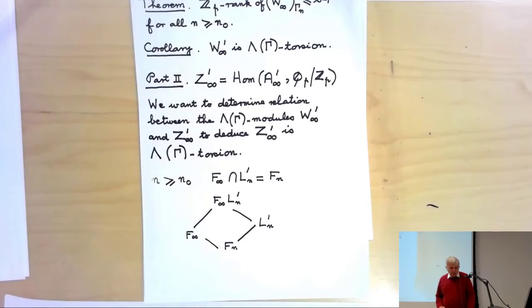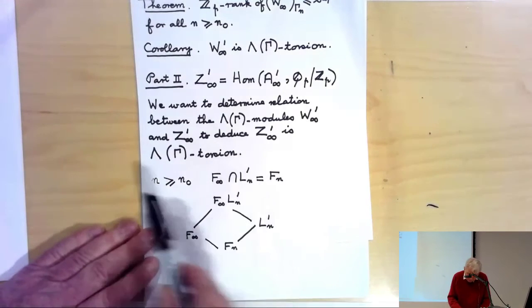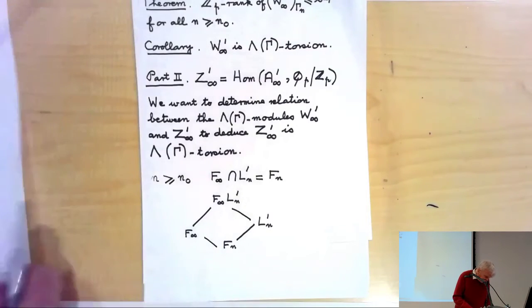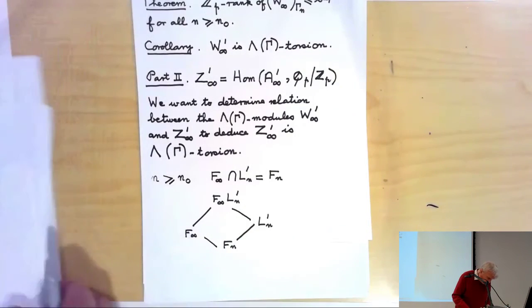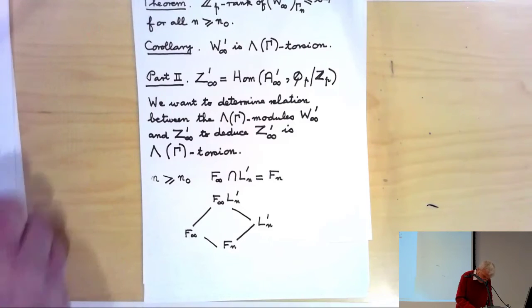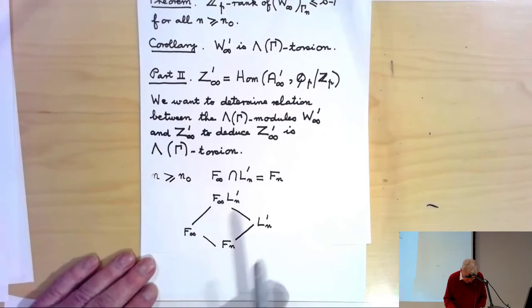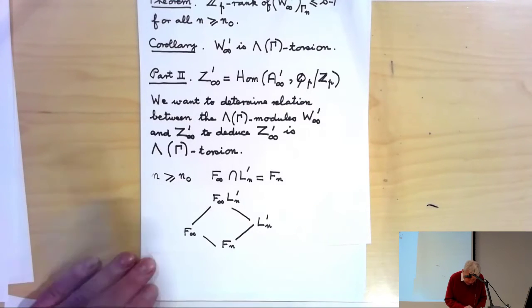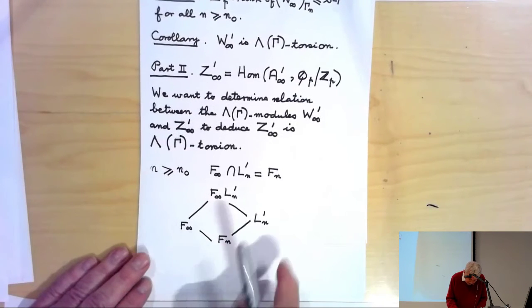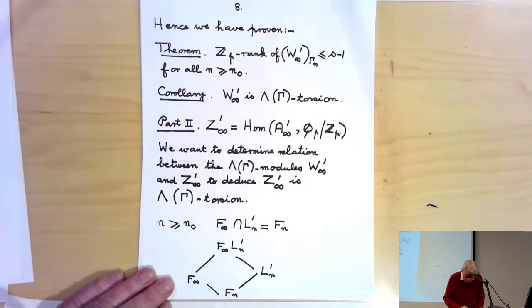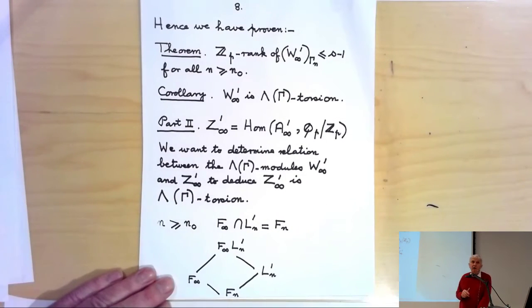So let's bear in mind the following, and it's rather intricate, this part. I hope to at least explain some of the essential ideas. That, of course, for n greater than or equal to n naught, the extension F infinity over Fn is totally ramified, right?